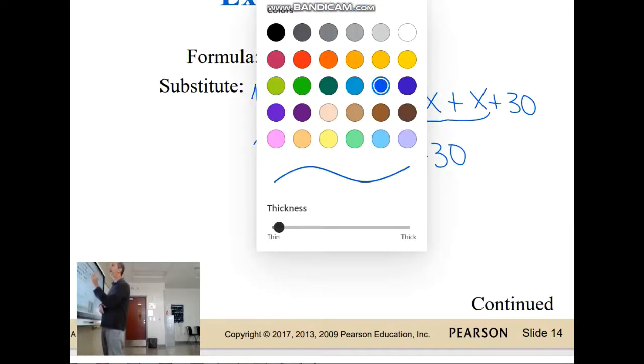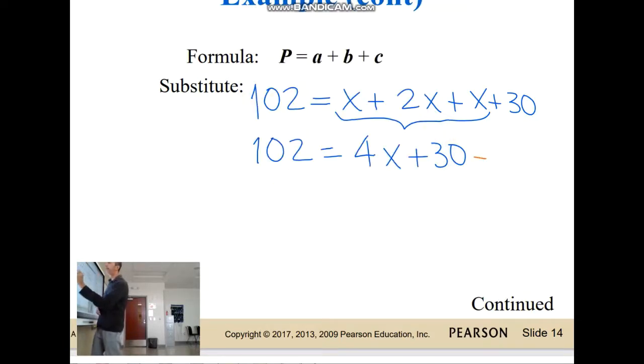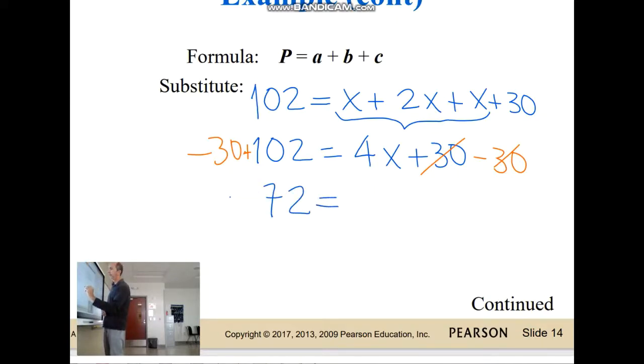Now we add negative 30 on both sides of the equation, so we can get rid of this positive 30. 102 minus 30 is 72, equals 4x.